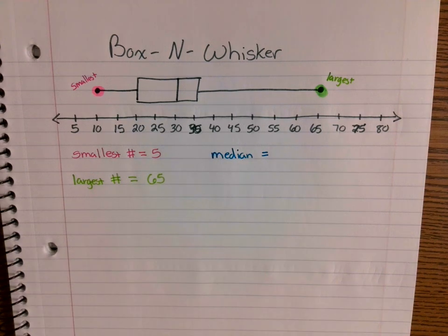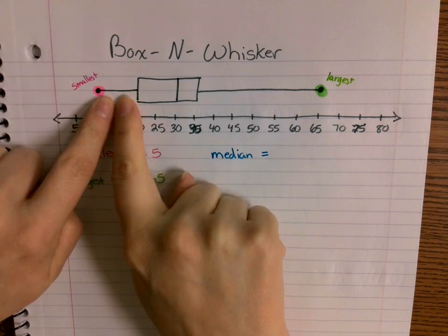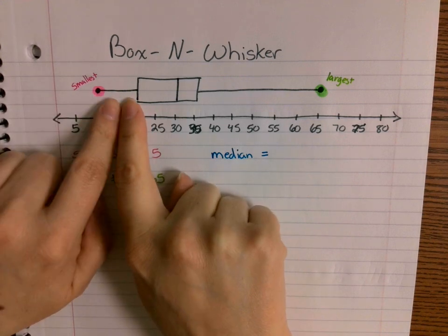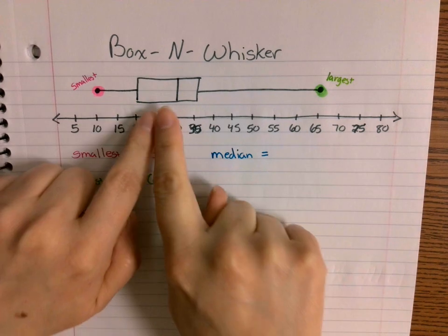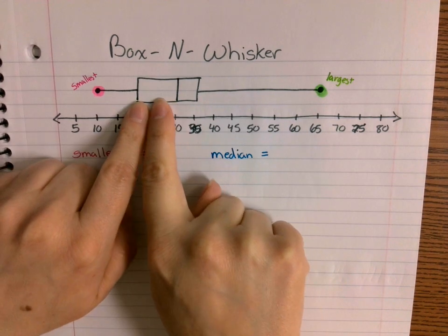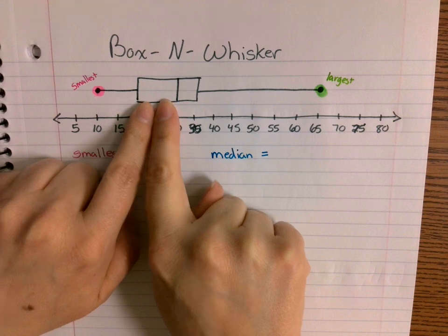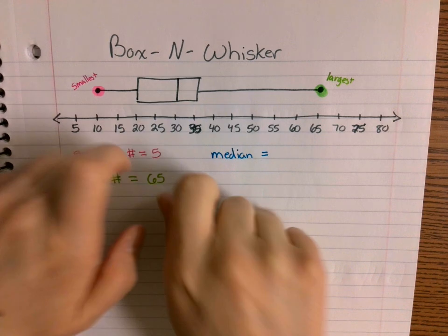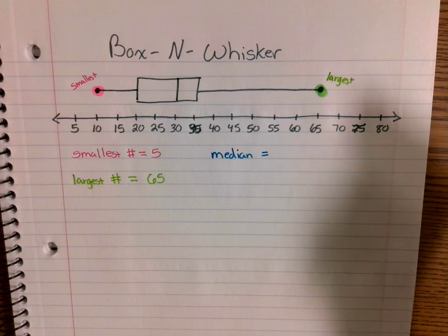No, right? This whisker is significantly smaller than this whisker, isn't it? Same thing for the box. The left side of the box is larger than the right side of the box. It's not symmetric.